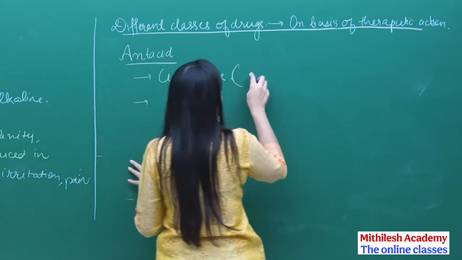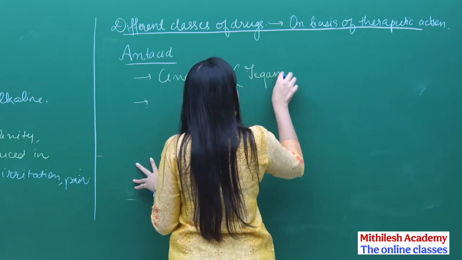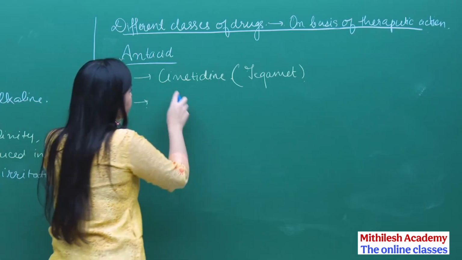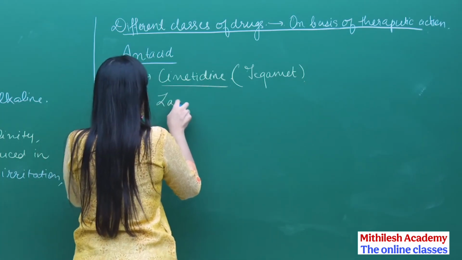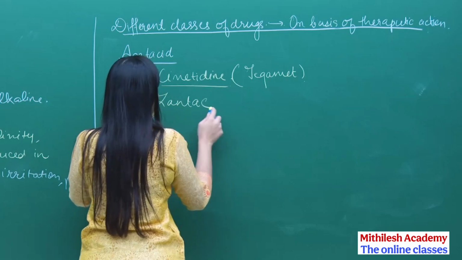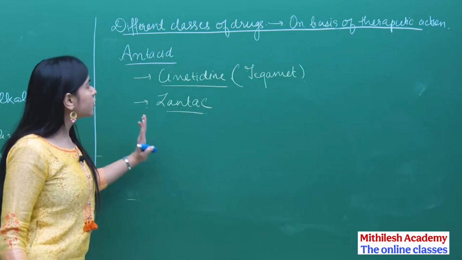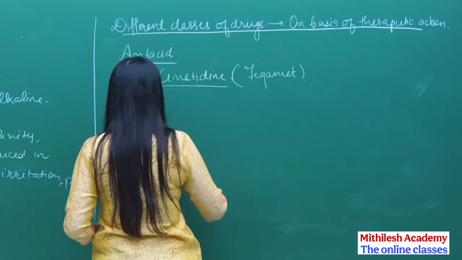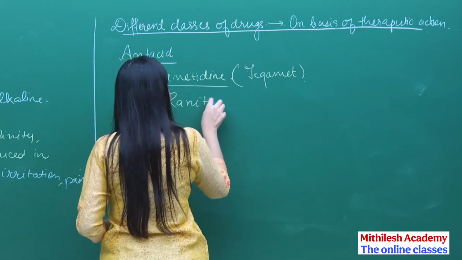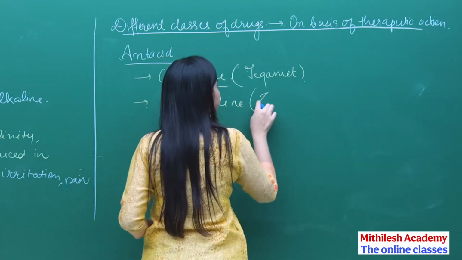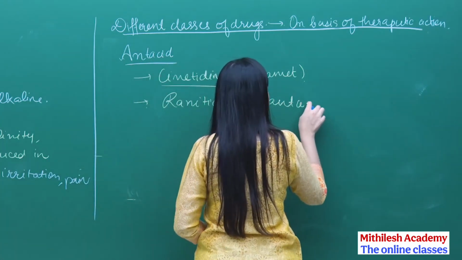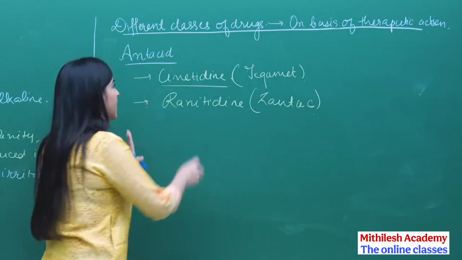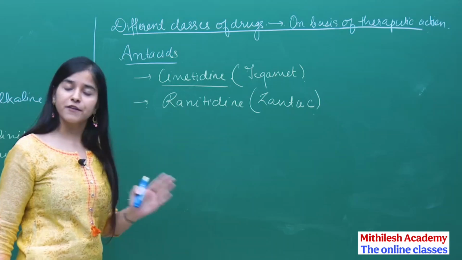Cimetidine is also known as Tagamet. Some of you might have heard about it, and next was Zantac. So these were the two antacids produced at that time. Zantac is also known as Ranitidine. They served very well.